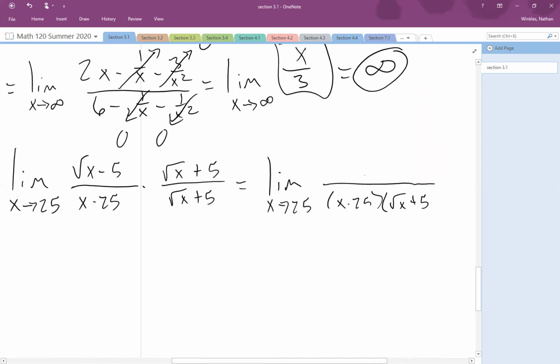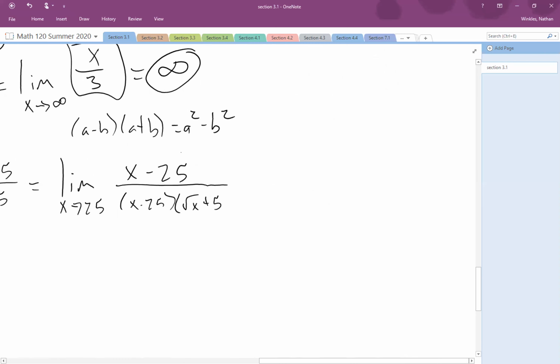When we FOIL out the numerator, this is a difference of squares, or difference of conjugates here, a minus b, a plus b, which will give us x minus 25, because we know a minus b times a plus b gives us a squared minus b squared.